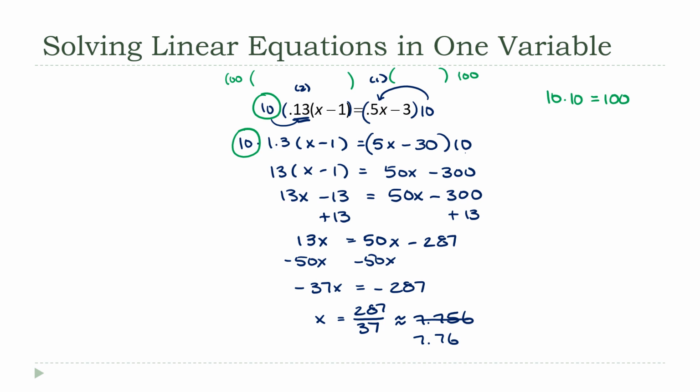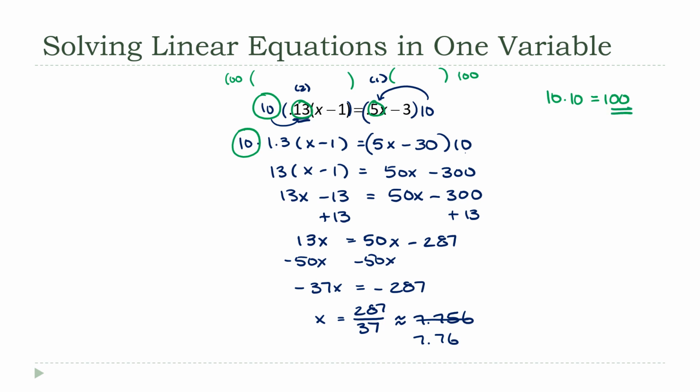If you're looking for a rule, what number should you multiply by? Look at the number of decimal digits. There's 1 decimal digit here, 2 decimal digits here. If 2 is the biggest, then you multiply by 1 followed by 2 zeros.